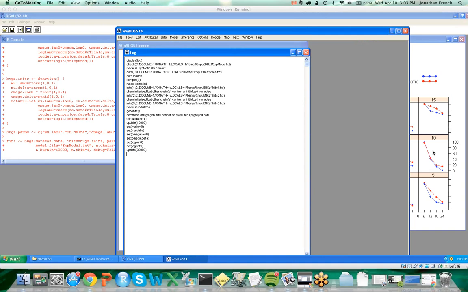So the model's now finished its burn-in phase. It's moving on to the post-burn-in. And then this will wrap up here in just a second.